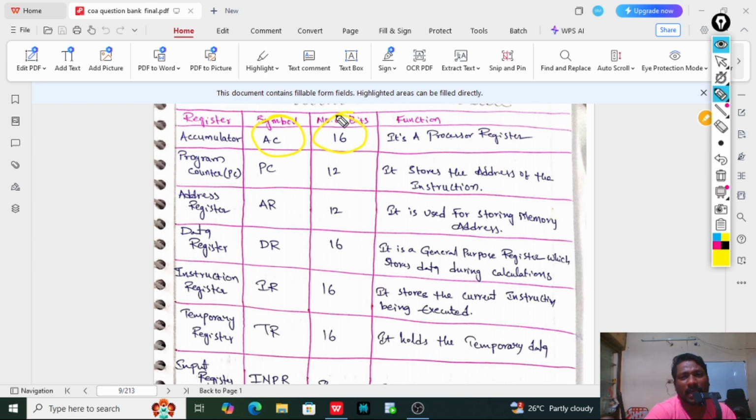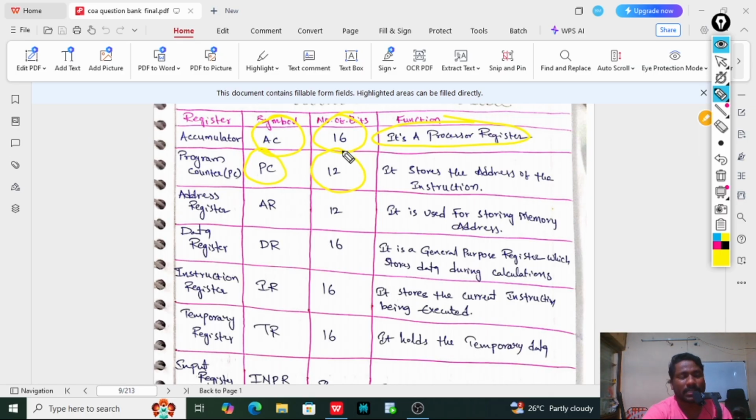So it is a processor register, and whatever resultant data, intermediate data, while doing any programming process, will be stored in this accumulator register. And the second one is the program counter. This is a 12-bit register. It is a very important register in our entire processor. Why? Because it stores the address of the next instruction.